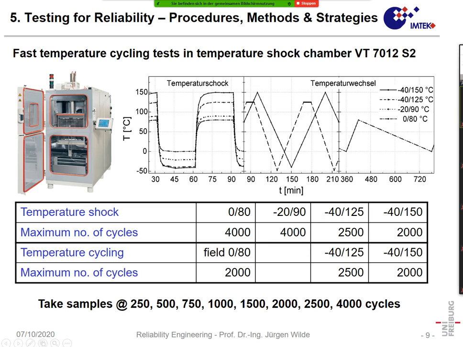In the phase of technology qualification, you typically take samples at different cycles. For instance, just as an example, 250, 500, 750, 1000, 1500, 2000, 2500 and 4000 cycles. That means you look here, are there any failures among your devices, and how many failures do you have?